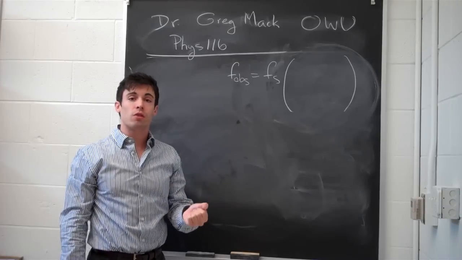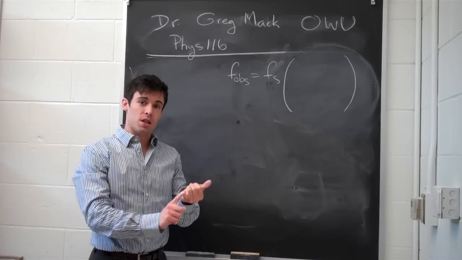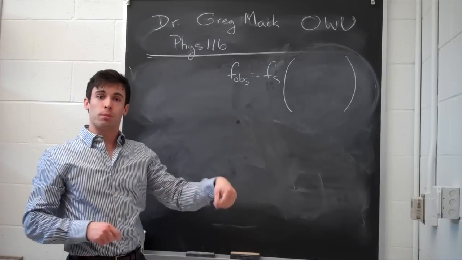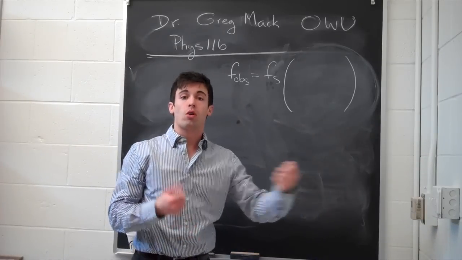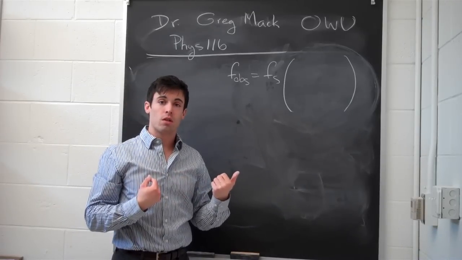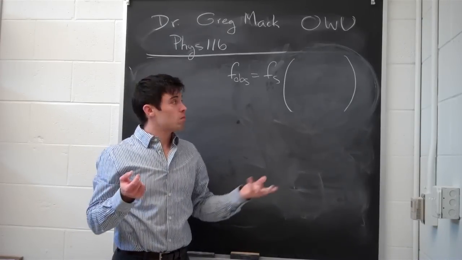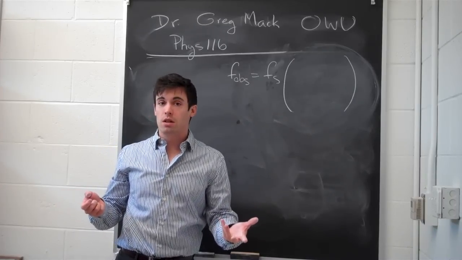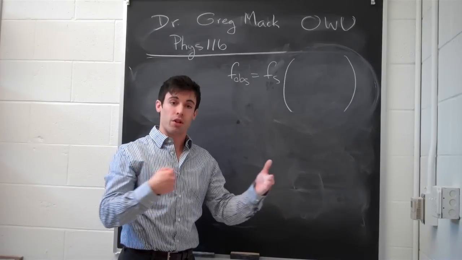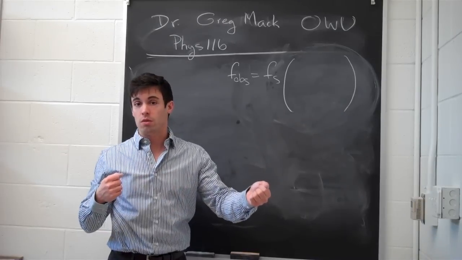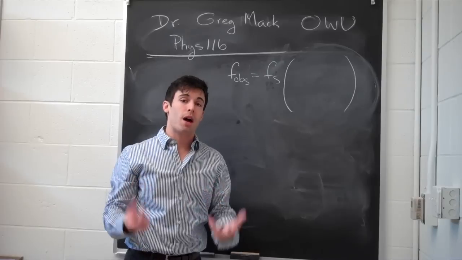And so this depends on two different cases, if the source is moving or if the observer is moving. So if the person with the boombox is walking back and forth, or if you yourself are walking back and forth or running back and forth, they end up having the same sort of Doppler effect: the frequency will increase if the relative motion is toward each other, or the frequency will decrease if the relative motion is away from each other. But we have to represent them differently mathematically.